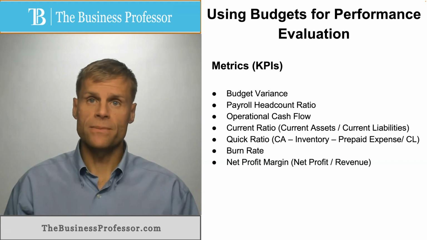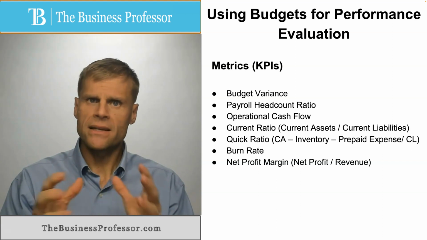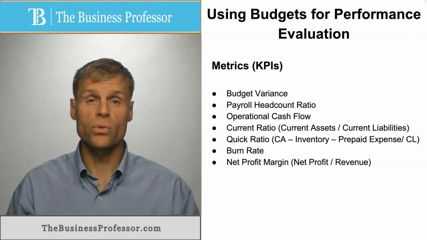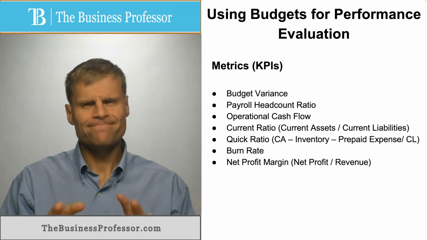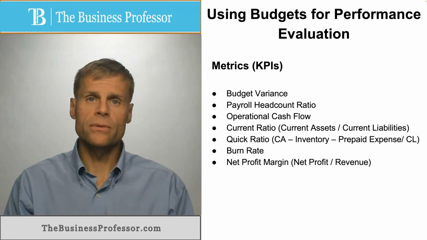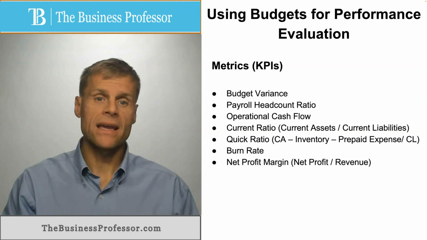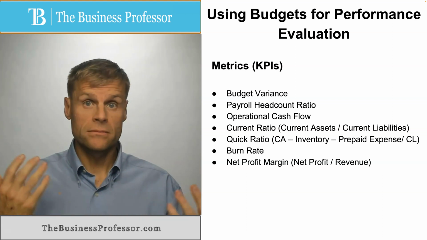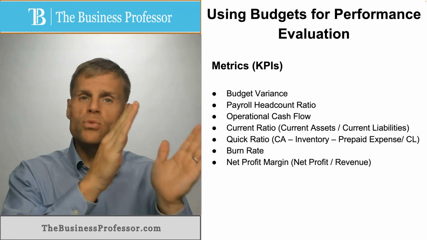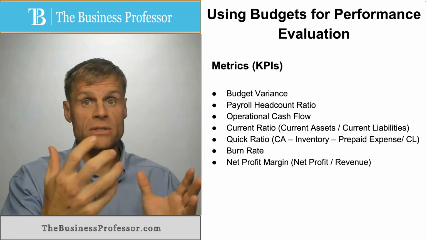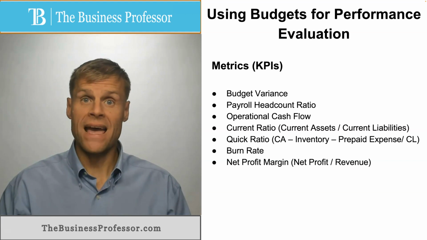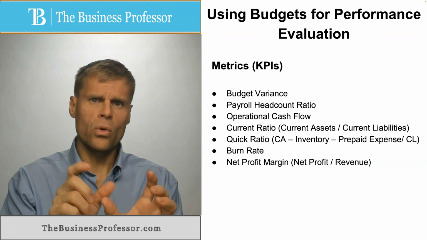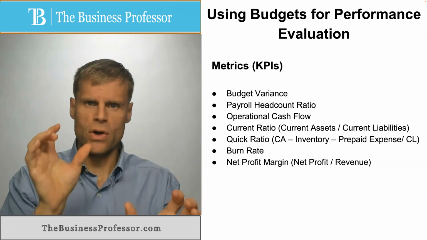Net profit margin. Okay, this is an income statement type of metric, but net profit compared to total revenue. Once again, how it relates to the budget is going to allocate resources and it is going to relate strongly to how much revenue is coming in, how much revenue is produced from the activities at hand, and the budget is going to most strongly account for the cost drivers there.